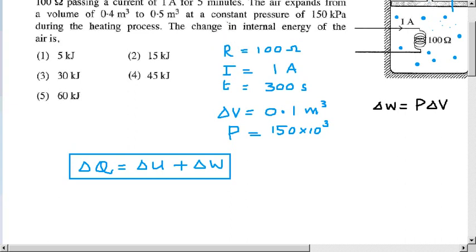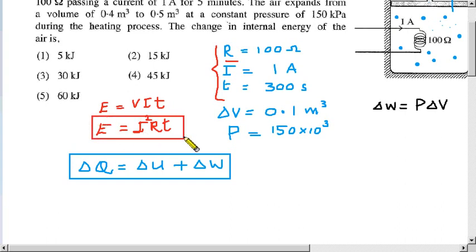So you have to go now to the lesson current electricity, because in current electricity we learn energy equals VIT, and also energy equals I squared R T. Since we know the value of R, we don't know the voltage, therefore we have to use this equation.